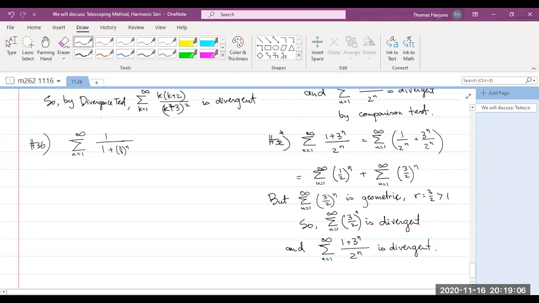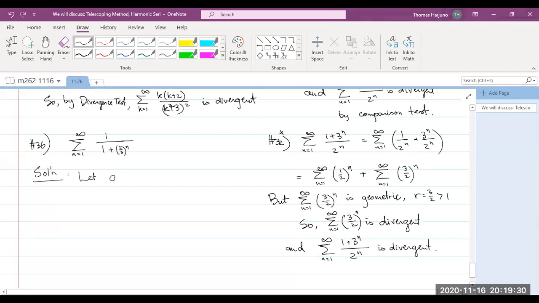Because we have divergence tests, every time you have a series, the first thing you would like to do is ask what happens when n goes to infinity. Does the term go to 0 when n goes to infinity? If not, then you get the answer already.